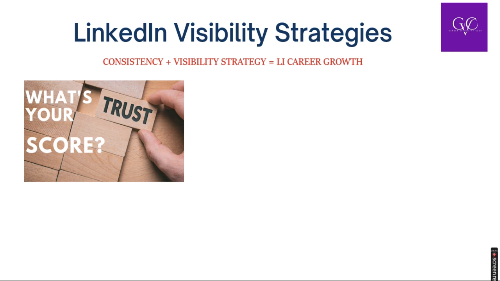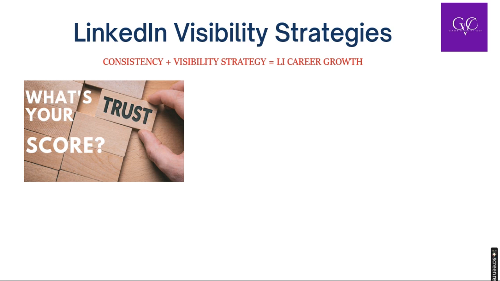If you want to be visible on the platform, it simply means that you want to build your credibility. And for you to be able to build your credibility, you need to increase your trust score. When anybody sees your name pop up, what are you known for? Do they trust that you can deliver on whatever thing that you are on the platform for?